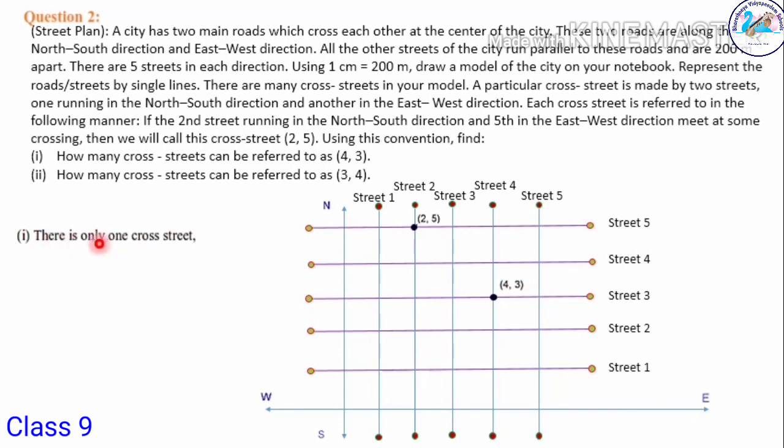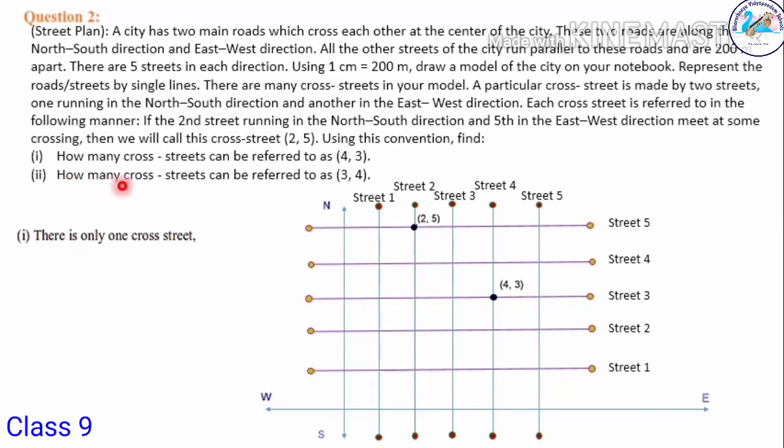Here there is only one cross street, that is the answer of the first part. After drawing the plan, we have concluded that there is only one point, which is the crossing point of street 4 in the north-south direction and street 3 in the east-west direction.